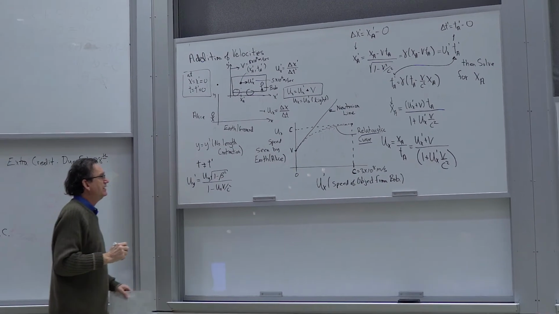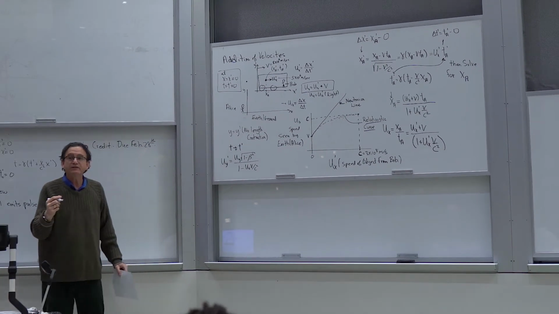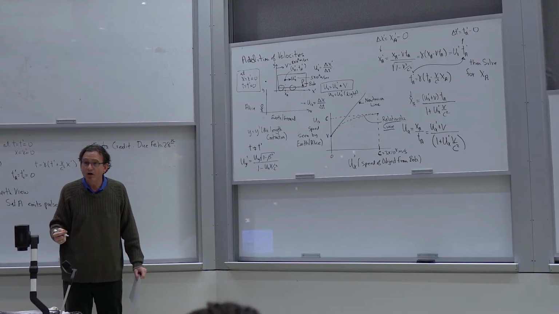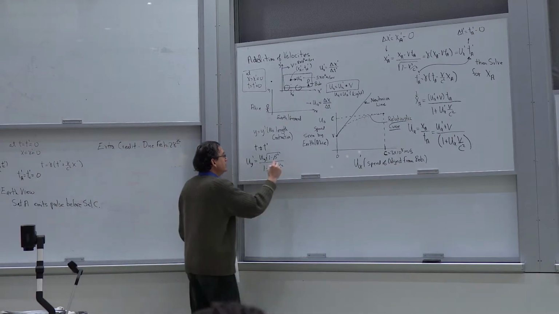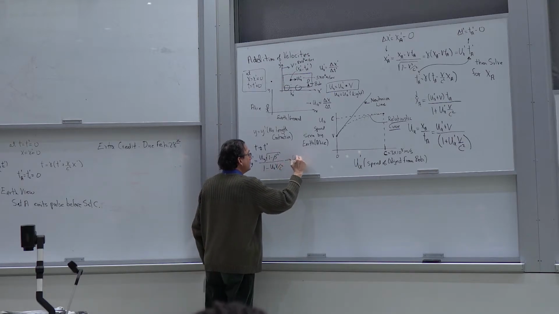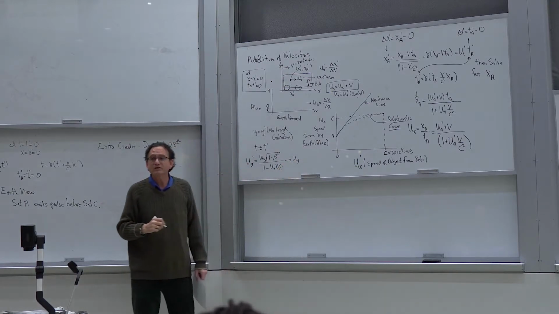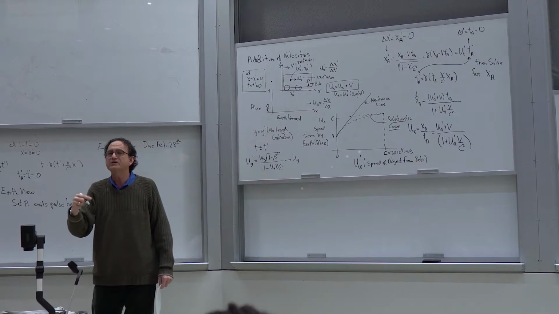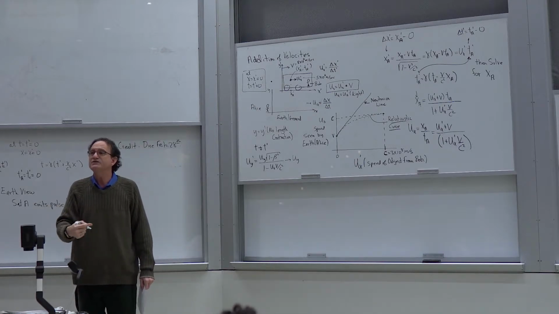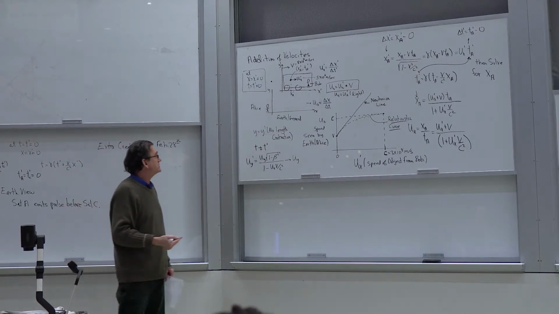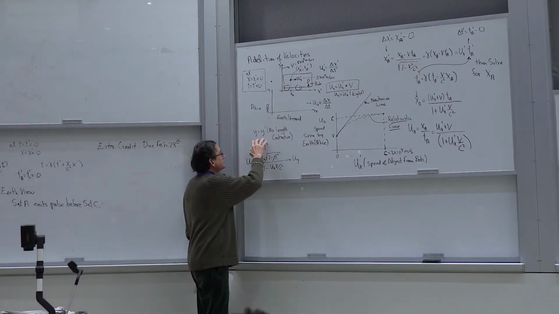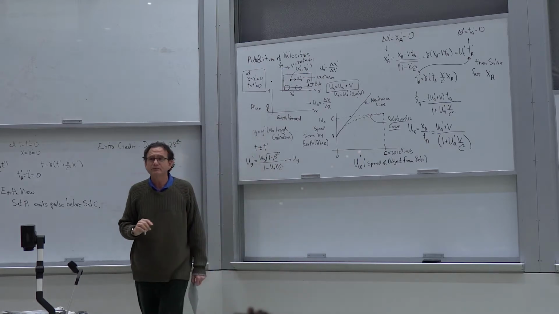Now, notice that if velocity is very small compared to c, which it usually is, then this becomes u sub y. Well, x and y velocity are the same. I mean, the y velocity measured on the train is the same as the y velocity measured by Alice on Earth because there's no length contraction in the y direction.